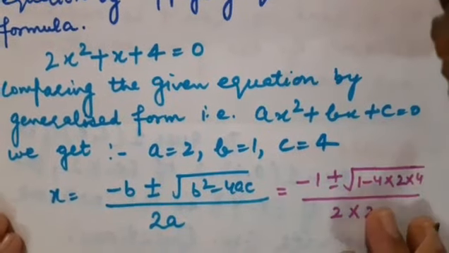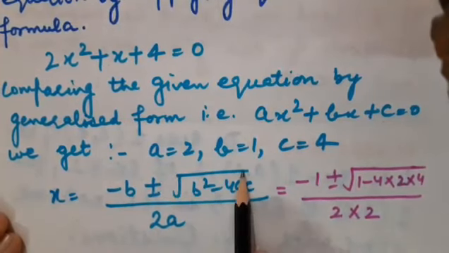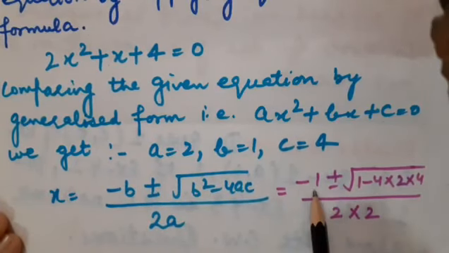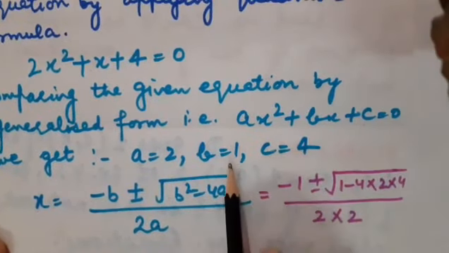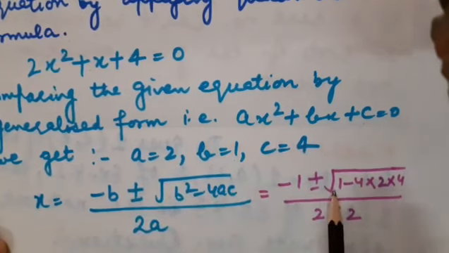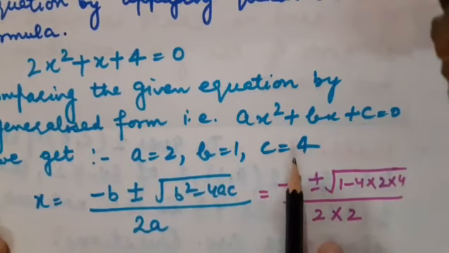So what is the quadratic formula? x is equal to minus b plus minus whole under root b square minus 4ac upon 2a. So which is equal to minus 1 plus minus whole under root. What is b? b is 1. So 1 square will give you 1 only. Minus 4 into, what is a? a is 2. What is c? c is again 4, upon 2a.